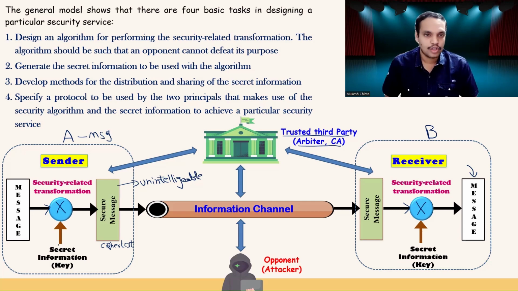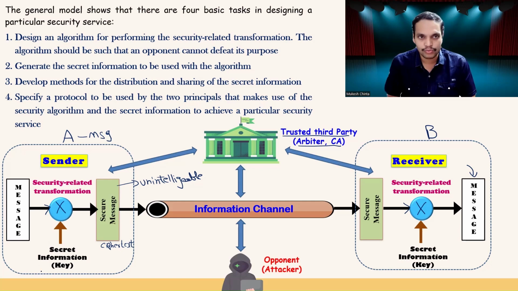There might be a means through which both A and B can generate it independently, or they might seek the help of a trusted third party to distribute the keys, whichever way. But there should be some prescribed way to generate the secret information that is to be used along with this algorithm.